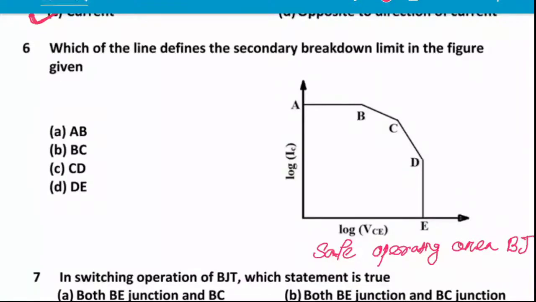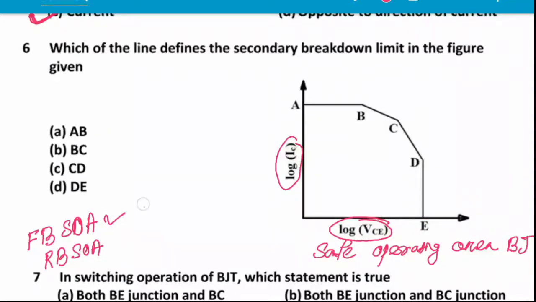The safe operating area is always given as VCE versus IC, and one is the forward bias safe operating area, another is the reverse blocking safe operating area, and this one is always plotted on log scales. Both are log, not semi-log.